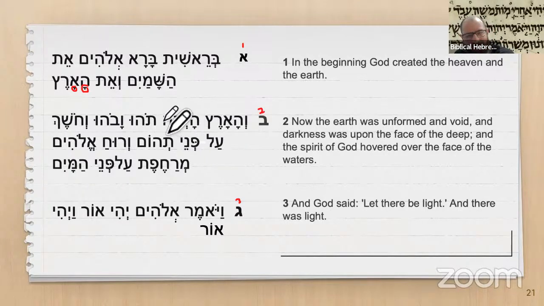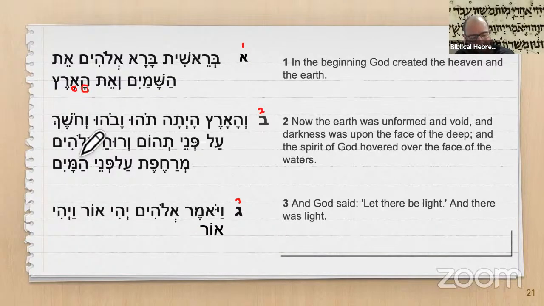Let me continue reading and hear my pronunciation. Ve'haaretz hayta toho veboho ve'chashaf al pni tohem veruach Elohim. I said ruach. If there's someone teaching you Hebrew from the West, he will say ruach, but we say ruach.